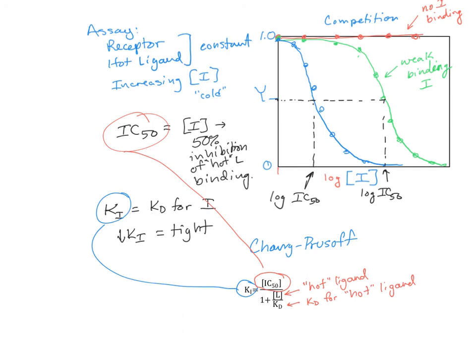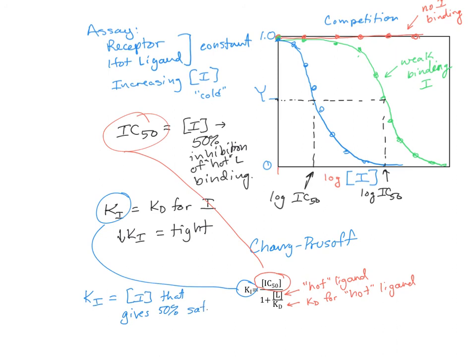One last thing here. Let me make a note of this because it's important for units issues. Ki, like Kd, like Ks, like whatever, is equal to the concentration of the inhibitor that gives 50% saturation.